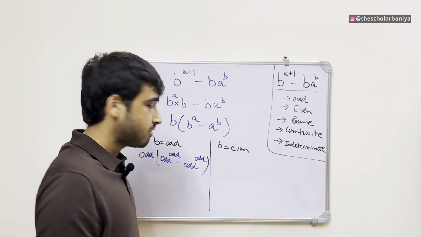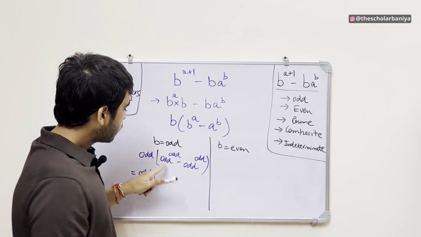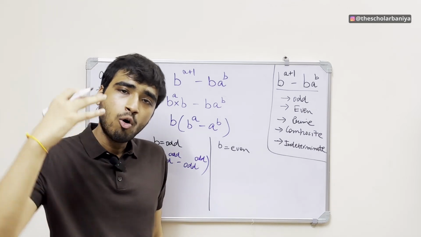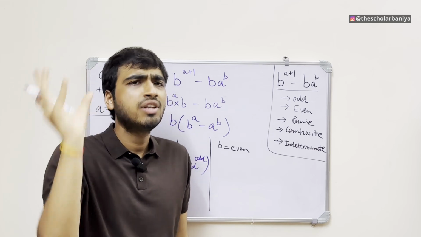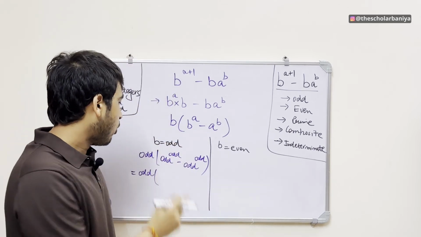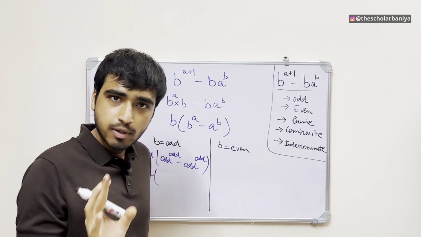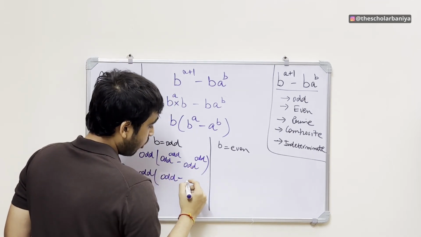I hope this is fine. So what is odd to the power odd? Odd to the power odd is odd, right? For example, 3 to the power 3. So 3 times 3 is 9, 3 times 3 is 27. Okay. So odd to the power odd will always be odd.